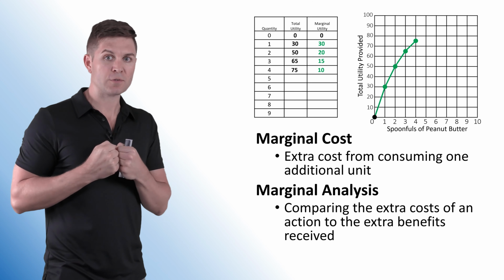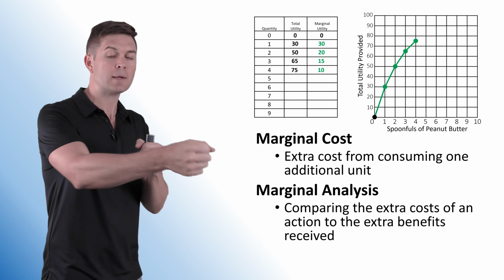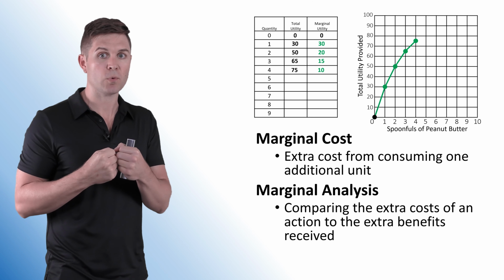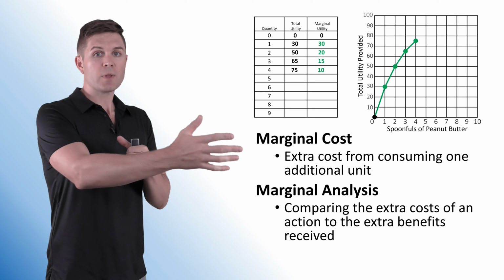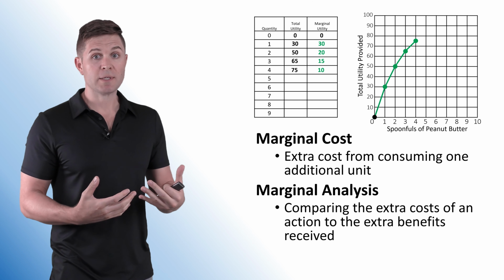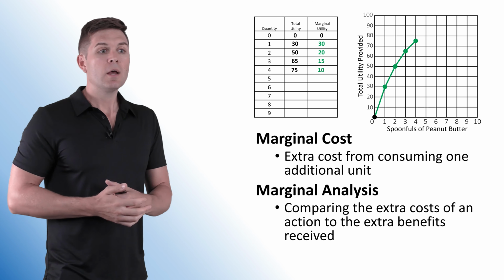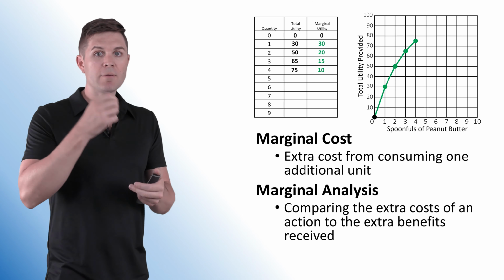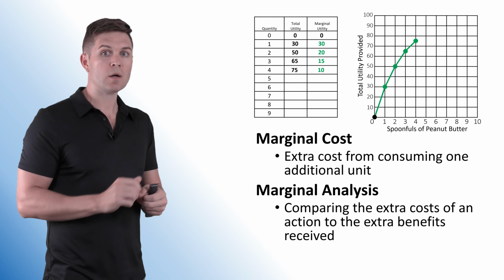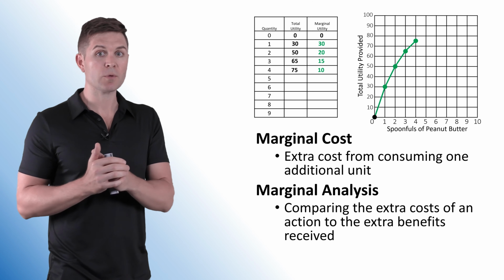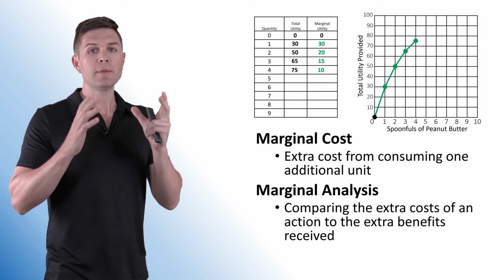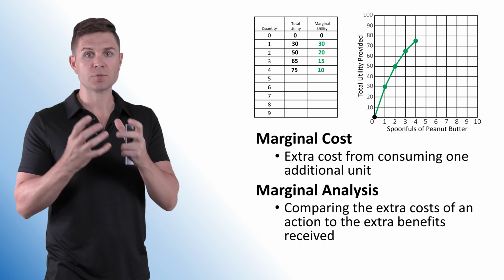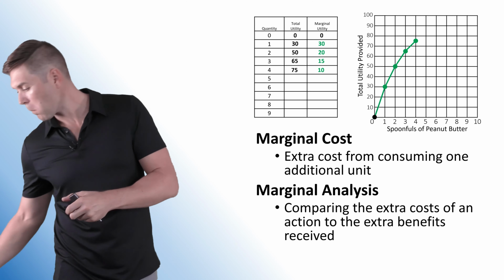So you're going to get satisfaction from eating it, but each additional one, you have to pay an extra fee for it. Everything that we do has some sort of cost. In this case, I could be eating something else. I could have bought something else. So every bite that I take, I have a cost with it as well. Every time you hit your alarm clock, you lose time getting ready for school, getting ready for work, whatever it is. So that marginal cost is that extra cost that we incur.